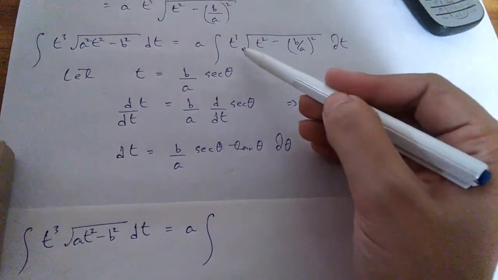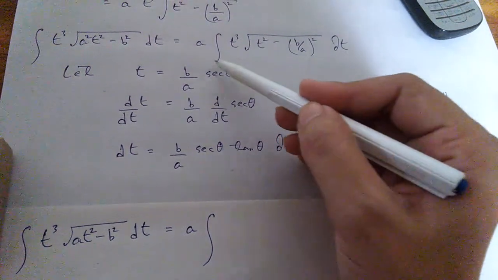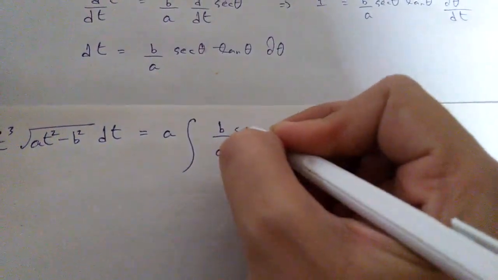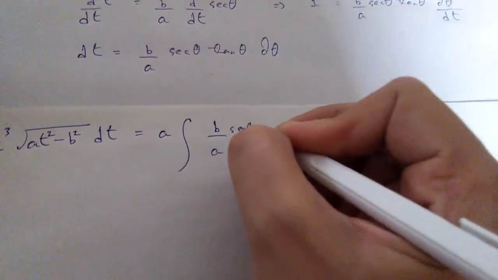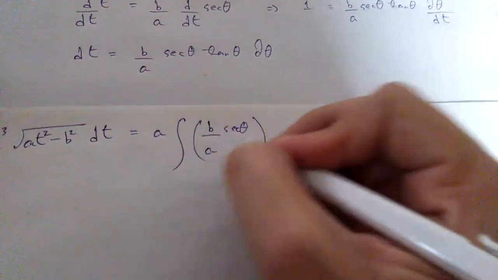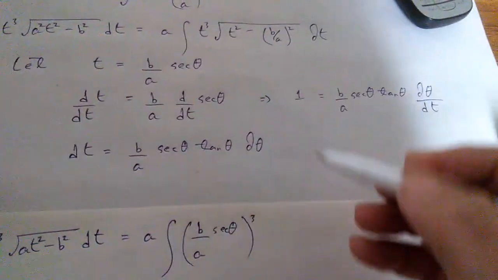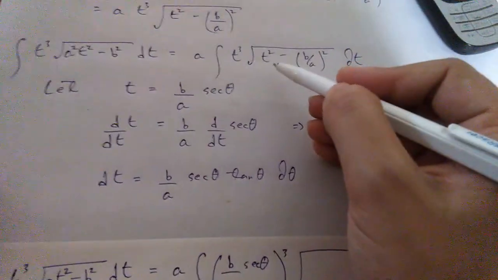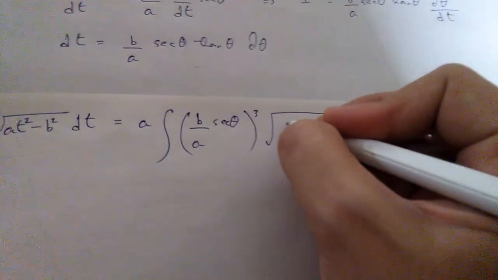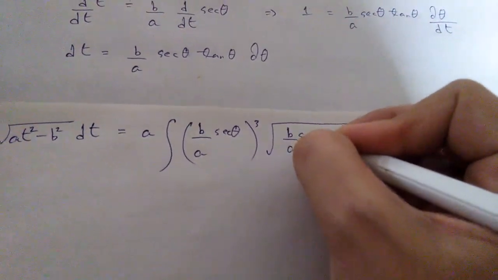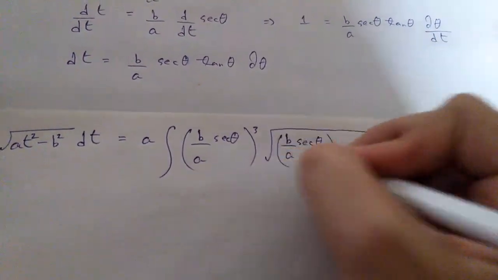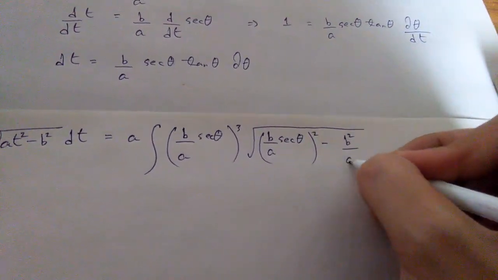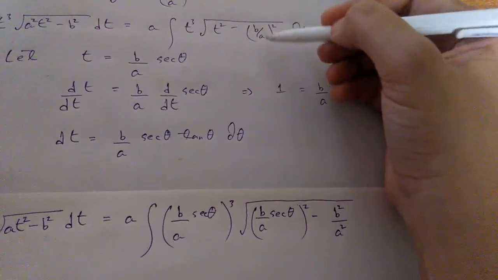So now at the place of my t cube, I'm going to write b upon a sec theta whole cube. Then I'm going to place my radical square root. At the place of my t square, I'm going to put b upon a sec theta whole square, minus b square upon a square, as it is going to be copied.